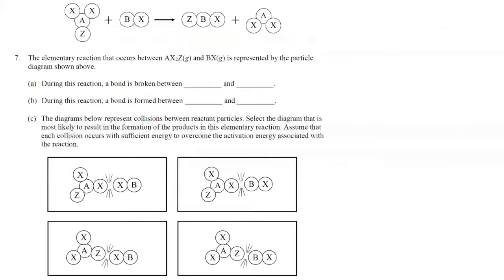In question 7, it says the elementary reaction that occurs between AX2Z and BX is represented by the particle diagram shown above.